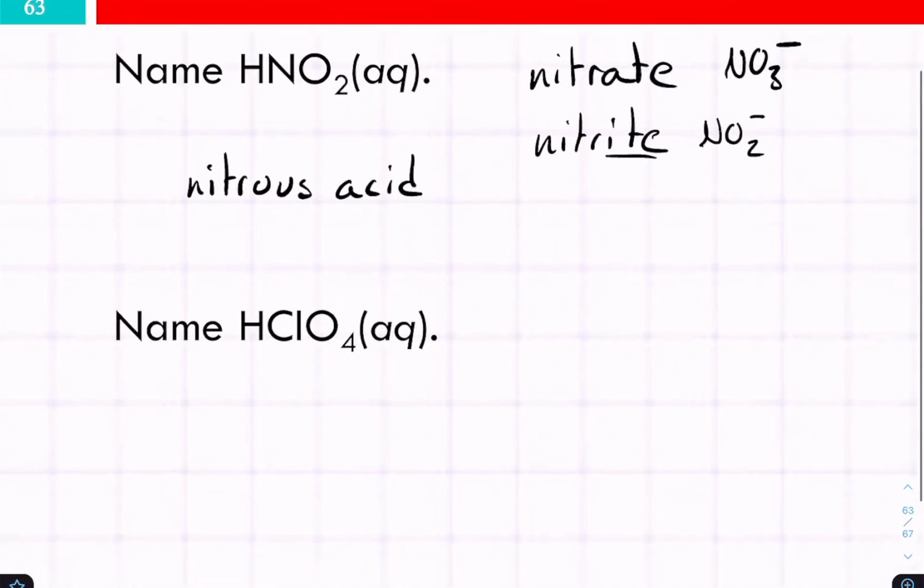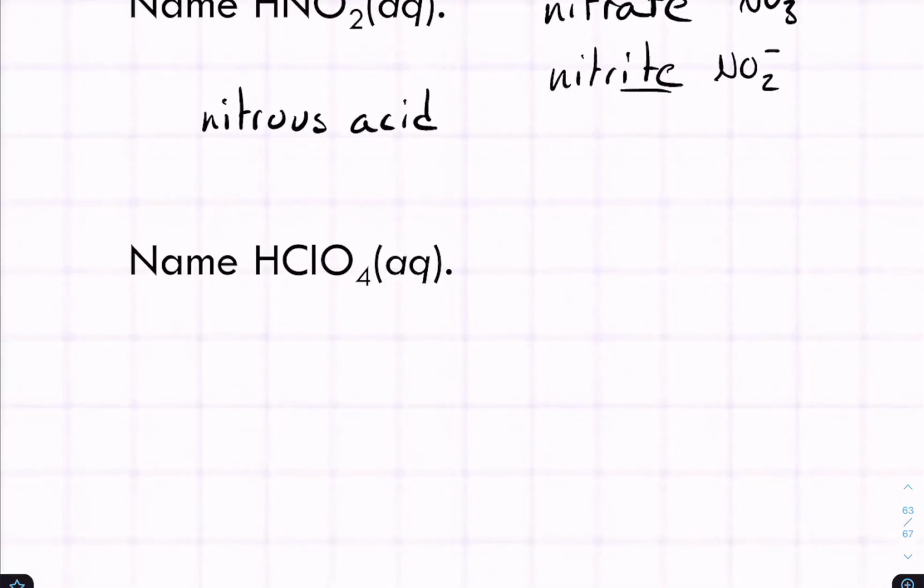Okay, we can do the same for this next one. Again, starting with hydrogen means it's an acid, and it also has another nonmetal and oxygen, so that means it's an oxyacid. What is the base form of the chlorine oxyanion? Chlorate.